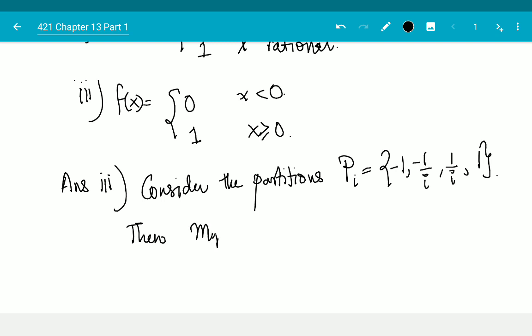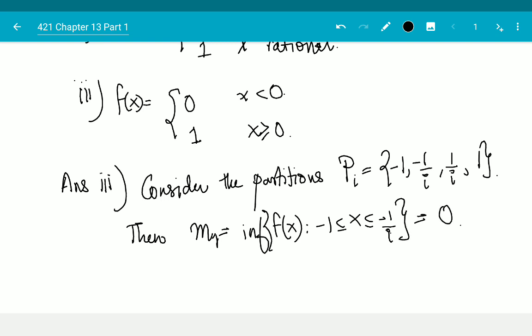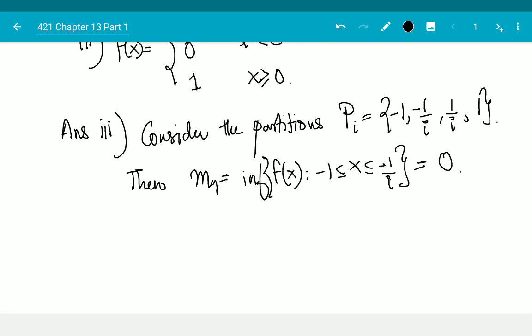m1 is equal to the infimum of f of x from negative 1 smaller than or equal to x smaller than or equal to negative 1 over i, which is equal to 0, right?